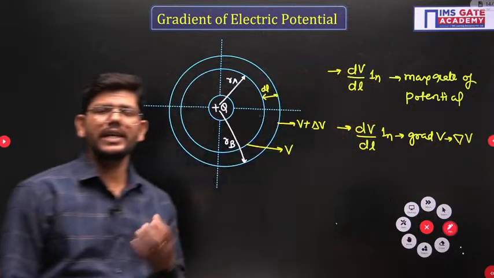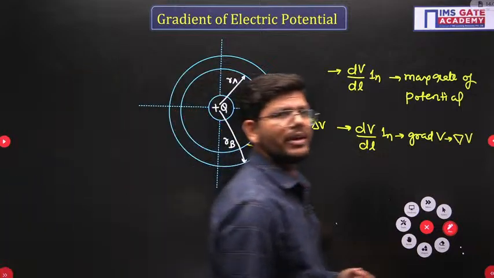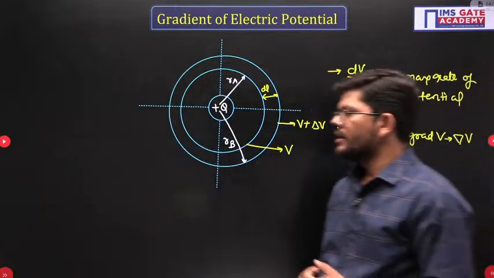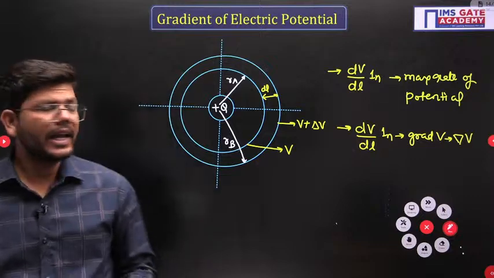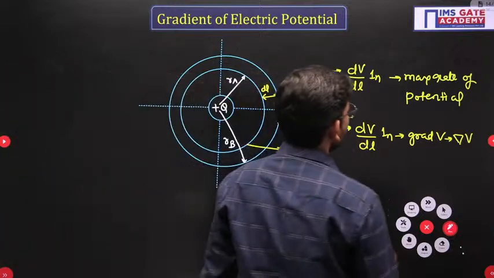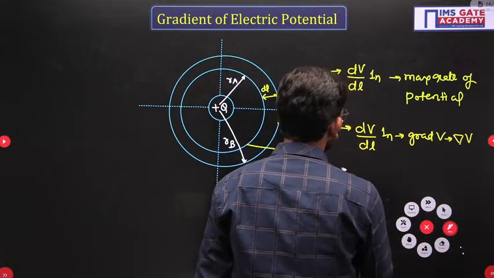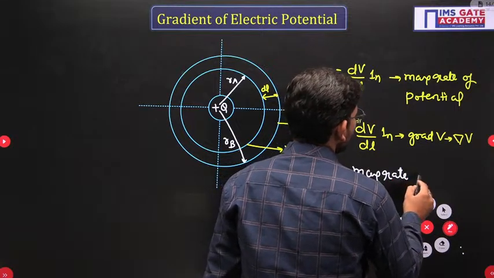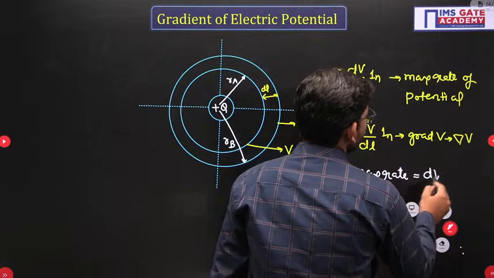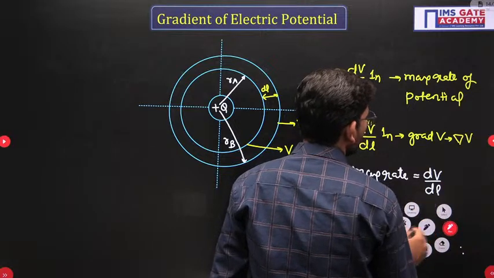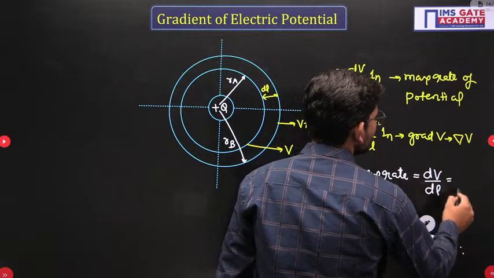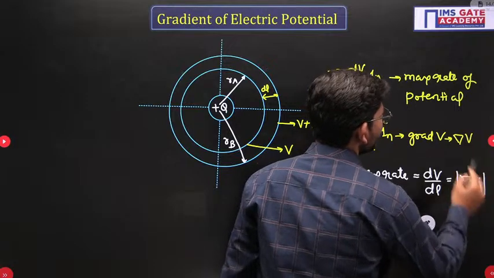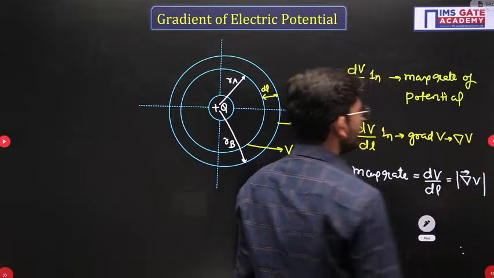And if we are calculating the maximum rate, then the maximum rate of the potential will be dV upon dl, or you can just write it as the magnitude of del V, the gradient of V.